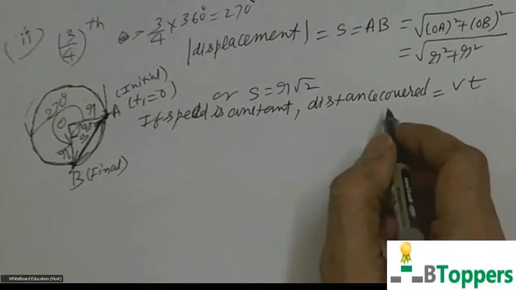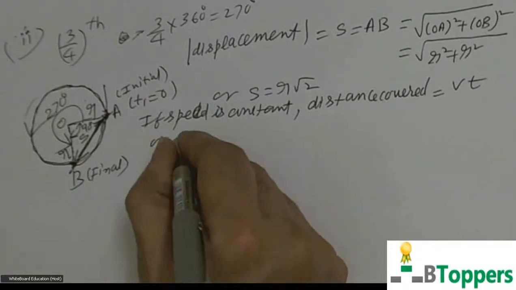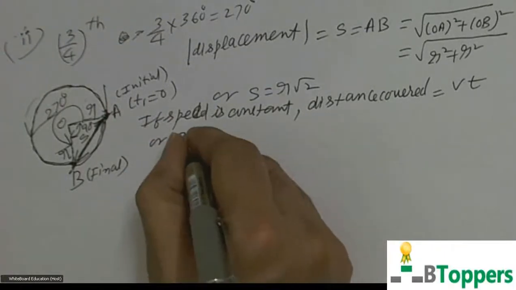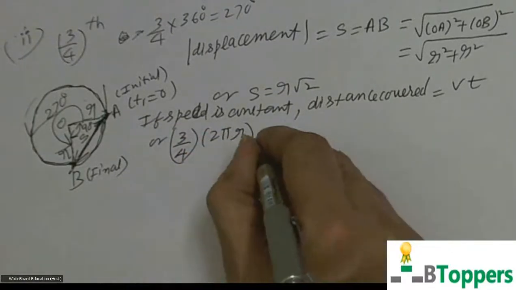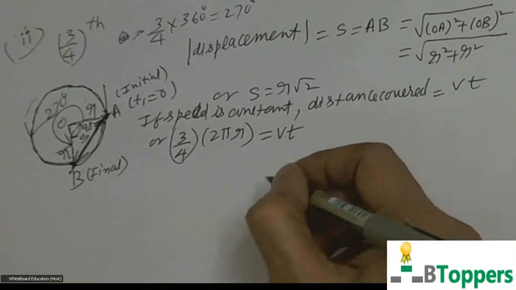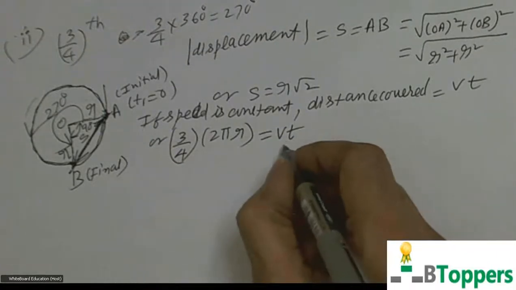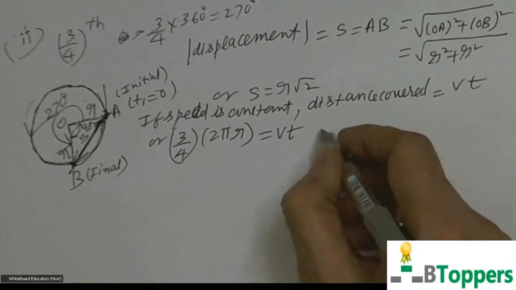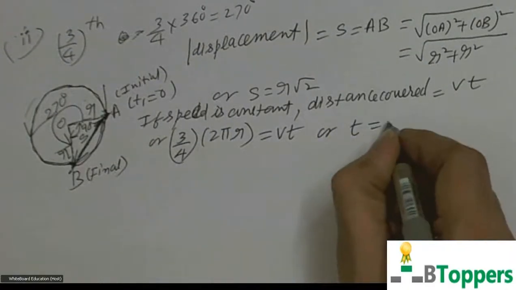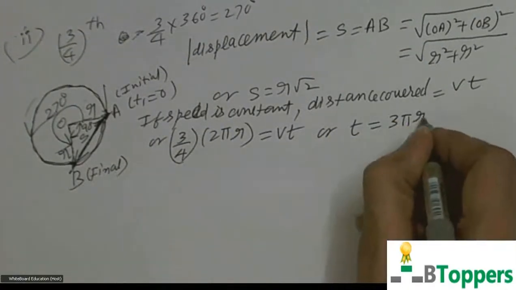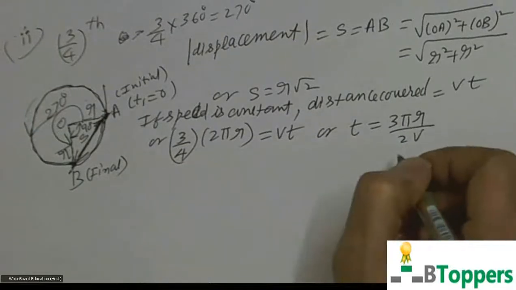Speed is denoted by v. When it completes 3/4 of the revolution, the distance covered is equal to 3/4 of the circumference, 2 pi r. The time interval is denoted by t. So the time interval will be 3 pi r by 2v.